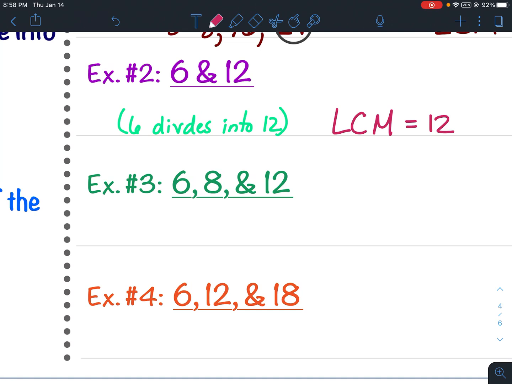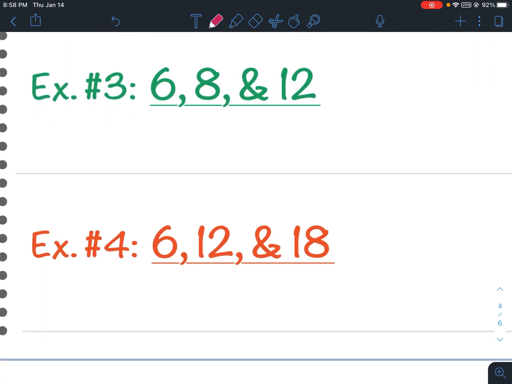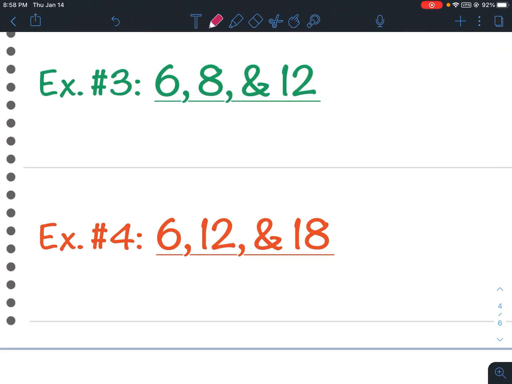Let's look at example 3. Make sure you're pausing your video and writing all of this down. Example number 3. We've got 6, 8, and 12. So the first thing we want to do is ask ourselves, do the smaller numbers divide into 12? Well, 6 does. 6 divides into 12, but 8 doesn't.